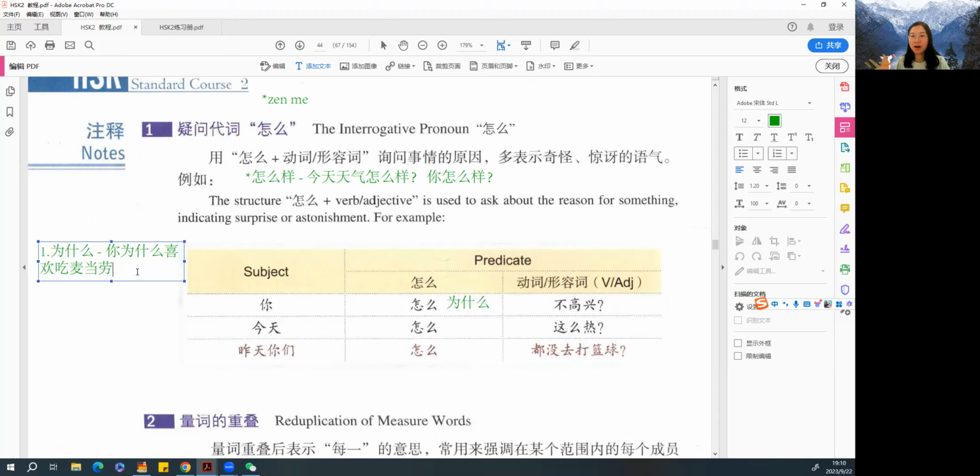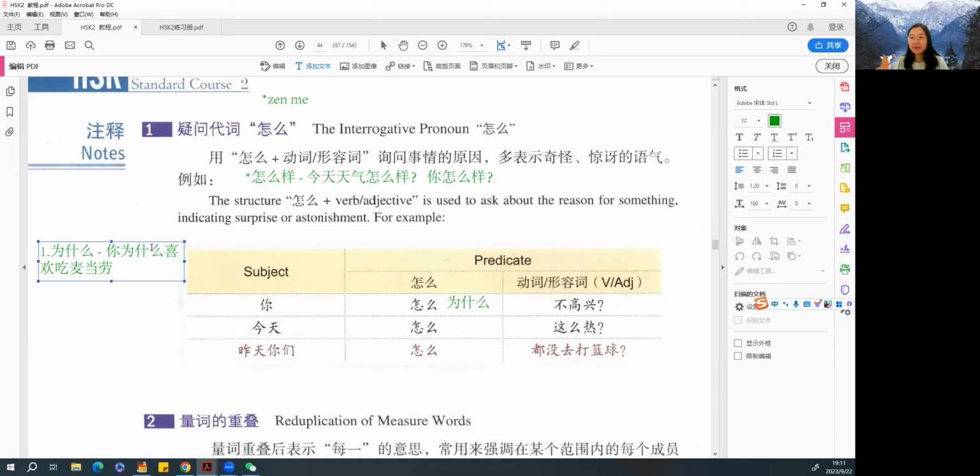And this question is not what we mean, because we want to ask, why do you like eating McDonald's so much, right? We can, of course, emphasize so much. So you are not a person that just normally likes McDonald's. You are a person that likes McDonald's very much.